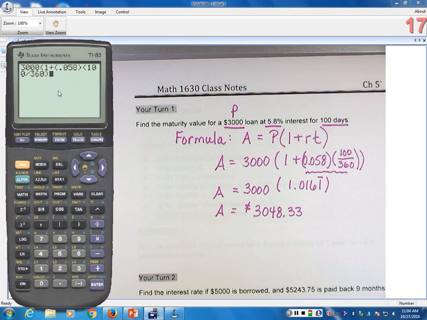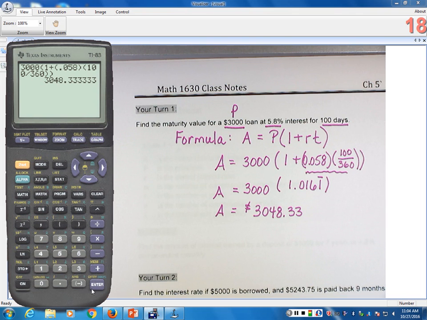So there's 1 closed, 2 closed, so I need 1 more. And you can go straight to the answer, but it does require that you enter sufficient parentheses to do it that way. And you cannot skip the parentheses around the 100 over 360. You absolutely cannot skip those. Okay?